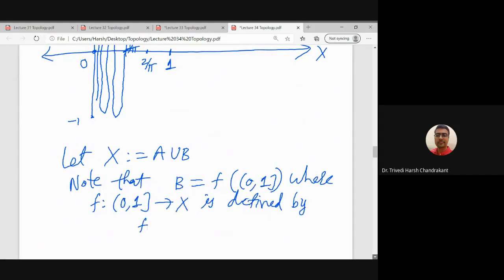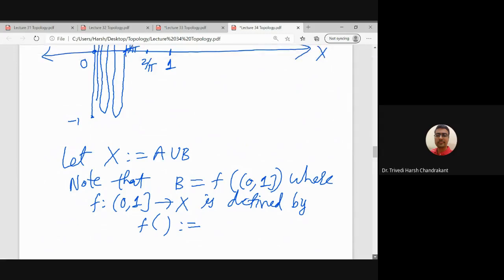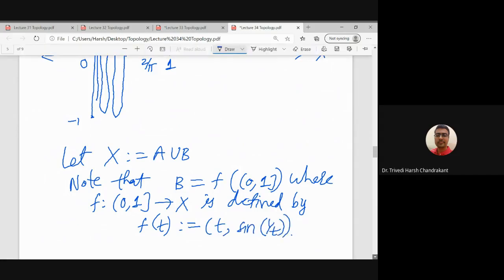f of t equal to (t, sin(1/t)). So the graph of this function is basically y equal to sin(1/x), and they are all the points where x is in the interval (0, 1].